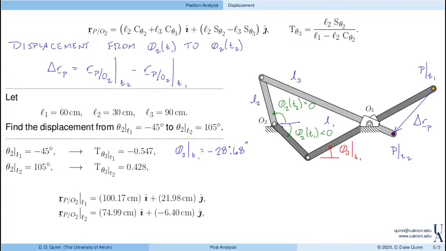And sure enough, theta 3 is minus 28.68 degrees. At the final time, theta 2 is 105 degrees, like sort of shown over here. Our tangent is 0.428, and as a result, theta 3 at the final time can be solved as 23.15 degrees. That represents this angle. So we have theta 3 at T2. And again, even though this is down, it's a positive theta 3 because that's the way we define theta 3.